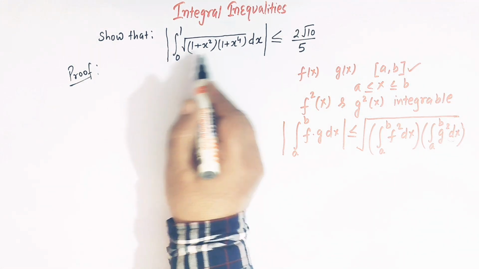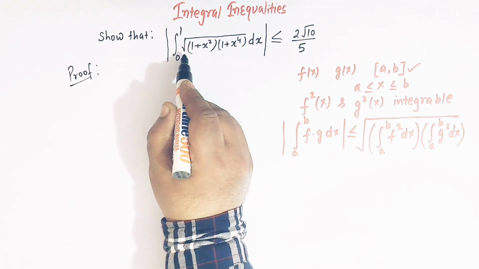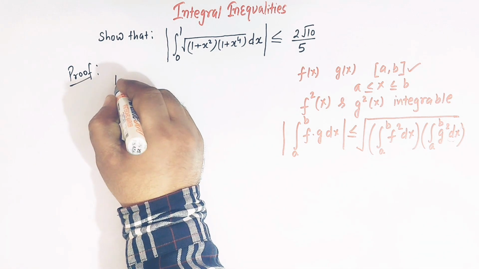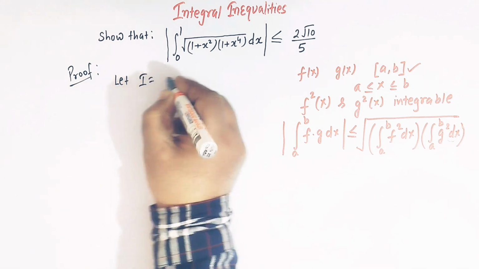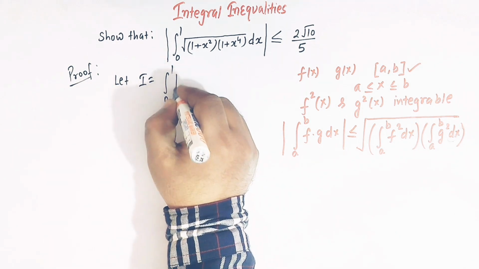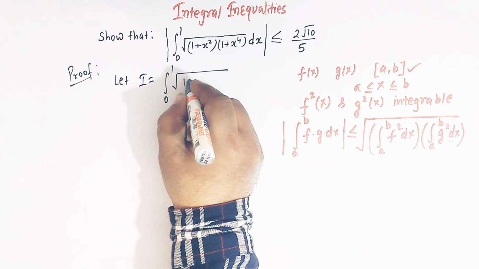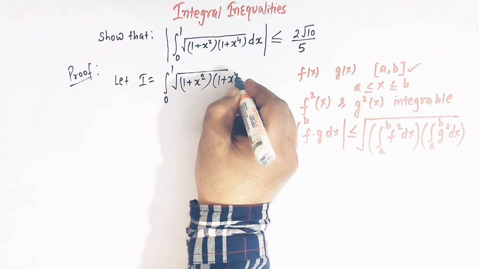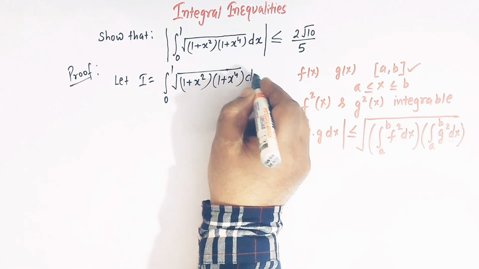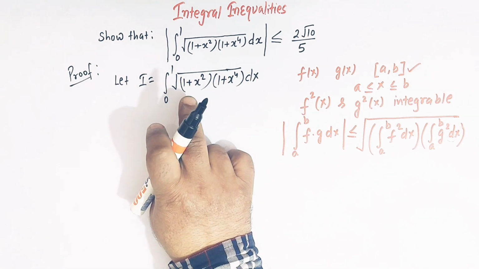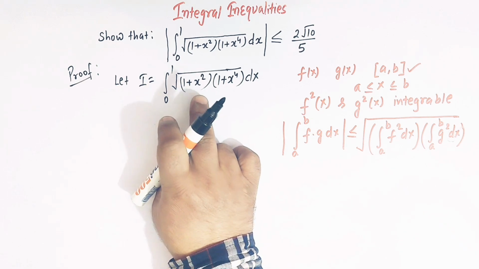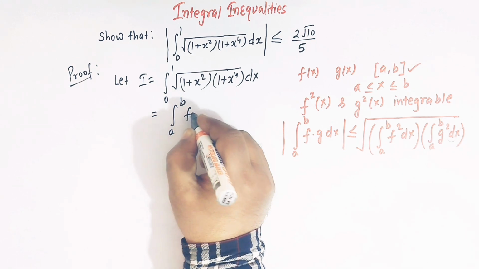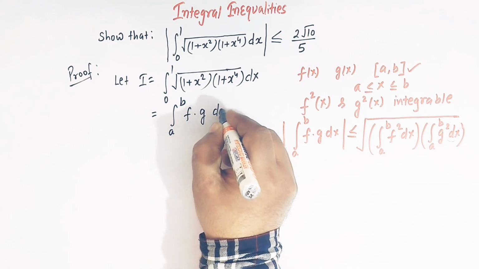Let us first take the integral inside the mod symbol as I. So I is equal to the integral from 0 to 1 of square root of 1 plus x square times 1 plus x raised to 4 dx. Now let us express this integral in the form integral a to b of f times g dx.